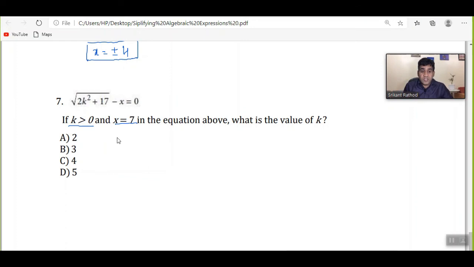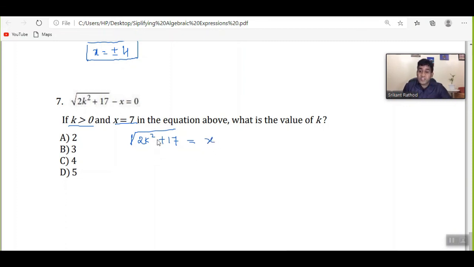So here this expression can be simplified now, because if I square the entire expression to eliminate the square root, one of the terms will still come along with the square root of 2k square plus 17 as it is. So we have to get rid of it. So I can simplify this as square root of 2k square plus 17 is equal to x.